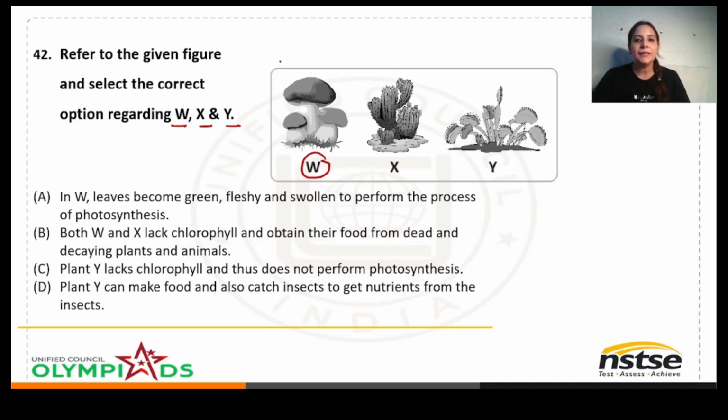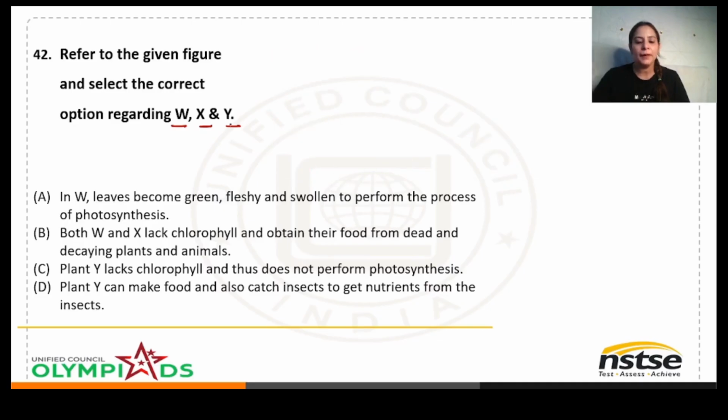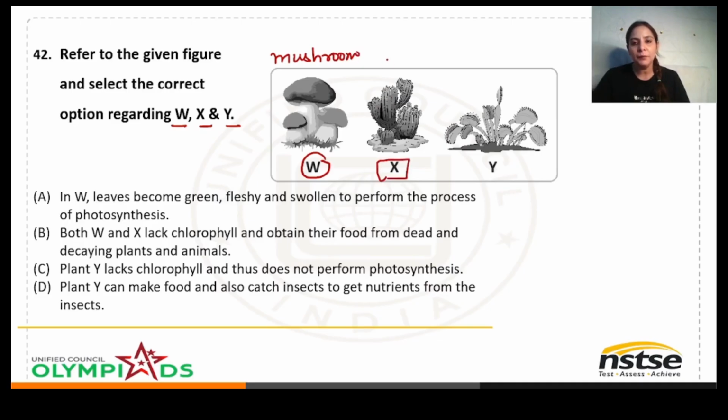W, you can see, is a mushroom plant. X, by looking at its structure, you can make out that this is a cactus. And third, again by looking at the leaves, you can make out it is one of the insectivorous plants, that is Venus flytrap.